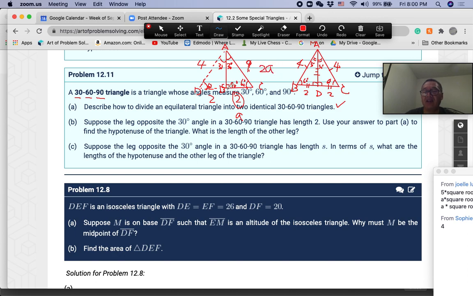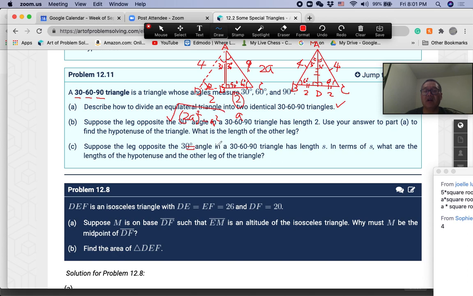Then the height or the altitude of this equilateral triangle, or you can call it the other leg of this triangle ABC, you can get from the square root of (2A) squared minus A squared.